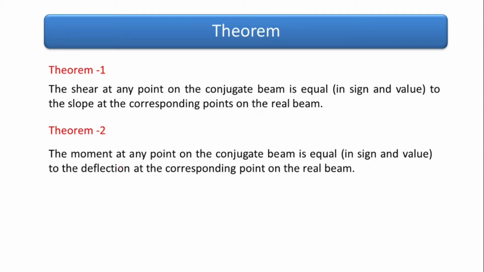And the second theorem is that the moment at any point in the conjugate beam is equal, in sign and value, to the deflection at the corresponding point on the real beam. It says that the deflection at any point in the real beam is equal to the bending moment at that point in the conjugate beam.